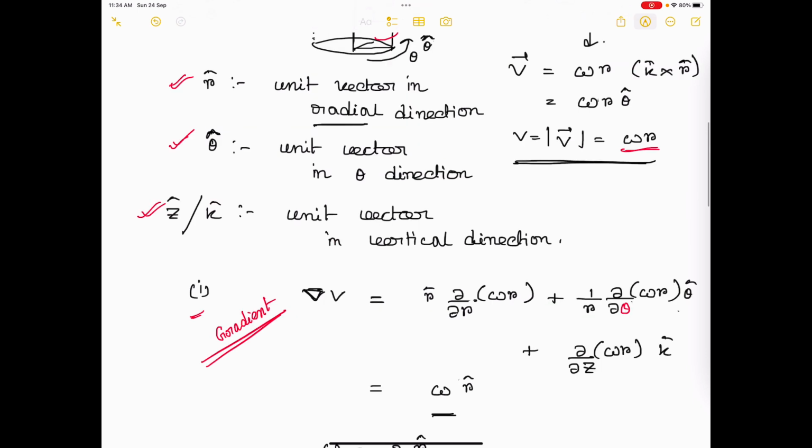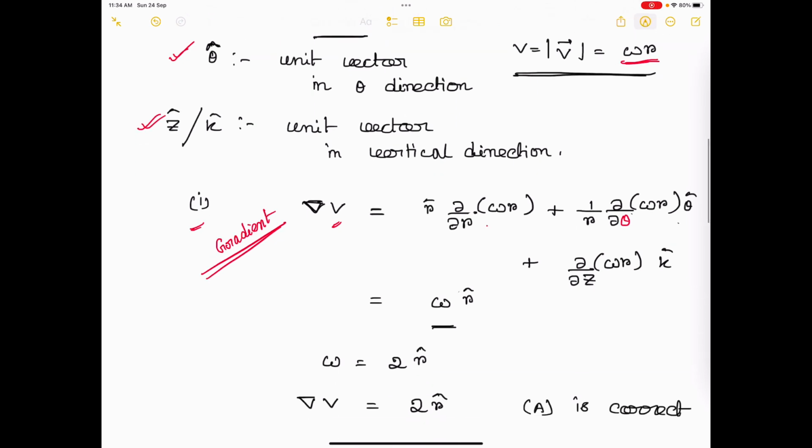Remember that gradient is always of a scalar quantity, and the scalar quantity is the speed omega r. So r cap del by del r of omega r, plus 1 by r del by del theta of omega r. These things will be 0 because del by del theta of omega r is 0, and del by del z of omega r is also 0, but del by del r of omega r is non-zero, that becomes omega only, with an r cap.